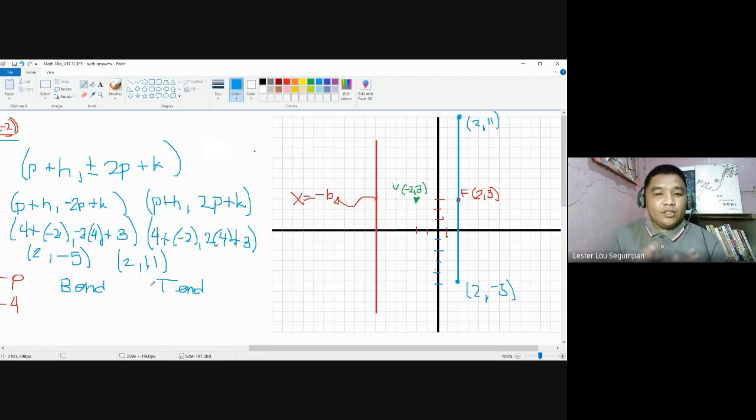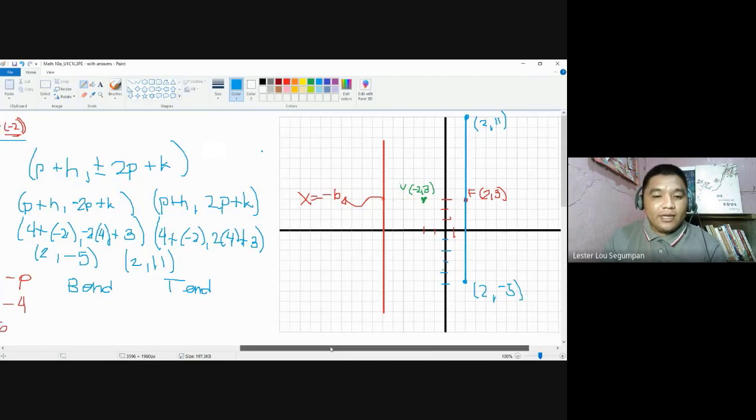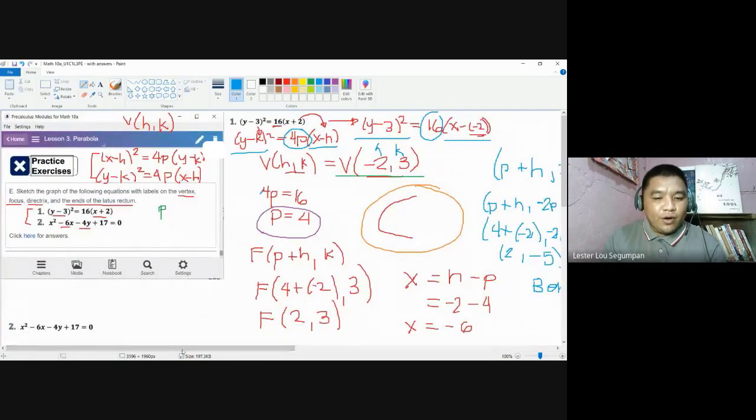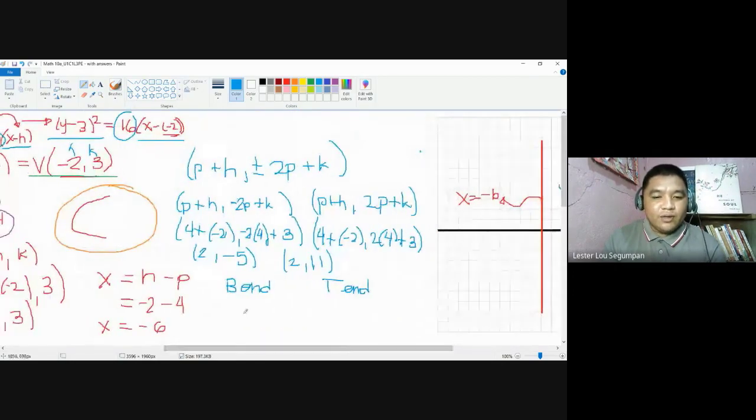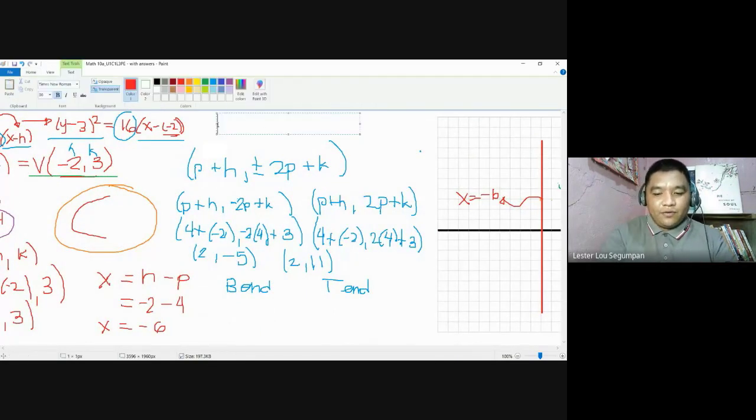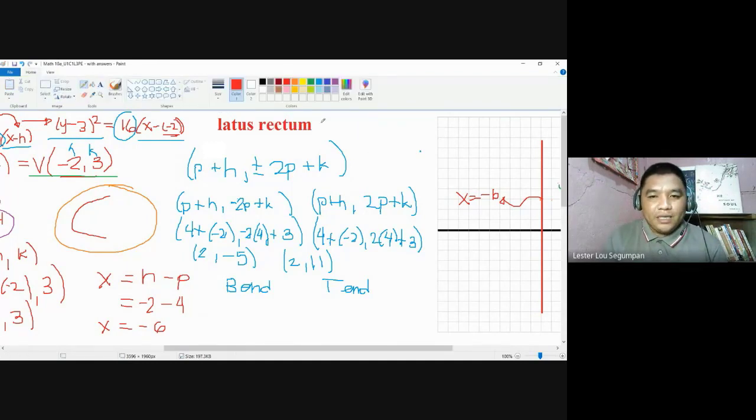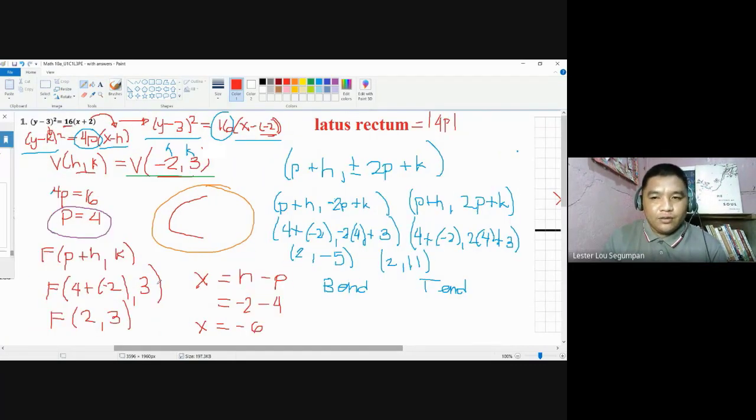If you're not convinced, you can always check by getting the length of the latus rectum. It's not here, but if we solve it, the formula is equal to the absolute value of 4p. p is given earlier as 4.